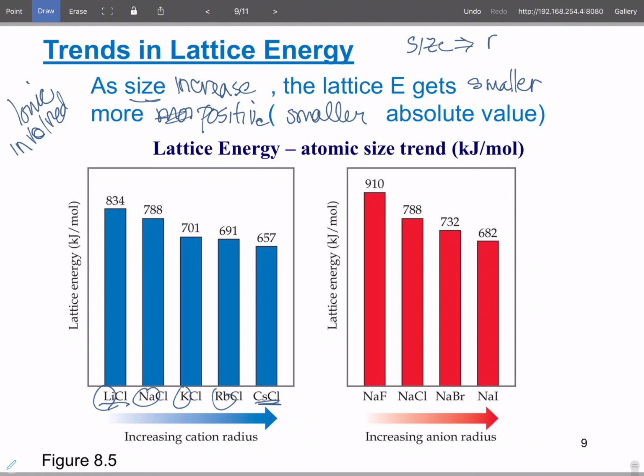And as the ionic radii gets bigger, because remember, it's going to get larger as it goes down the table, again, your absolute values get smaller. Always look at absolute values because, as I said, some tables give you lattice energy that's positive and some give you lattice energy that's negative. And remember, the negative means that the energy is given off when the ions snap together.